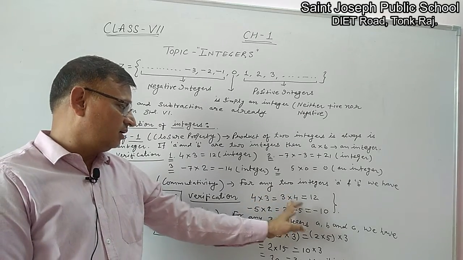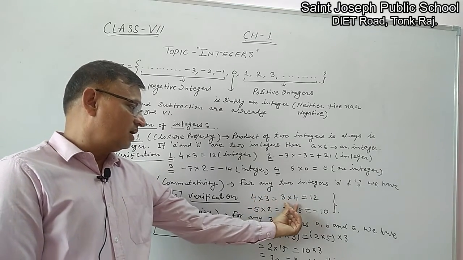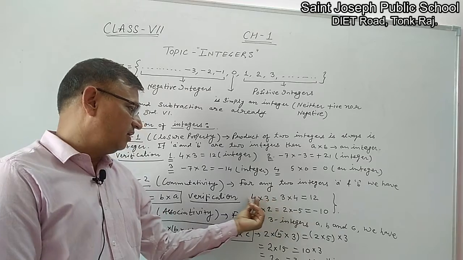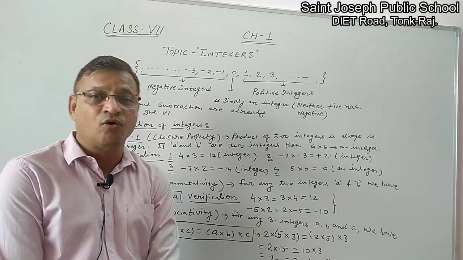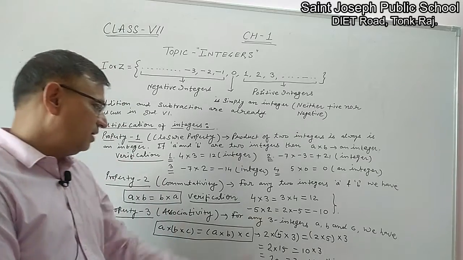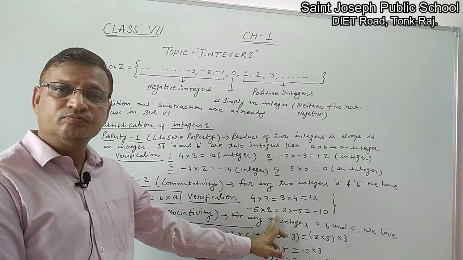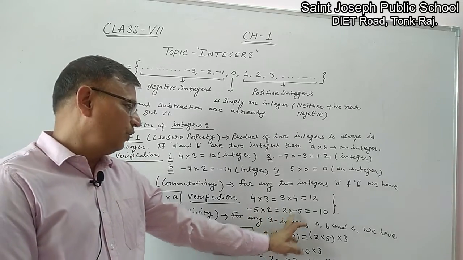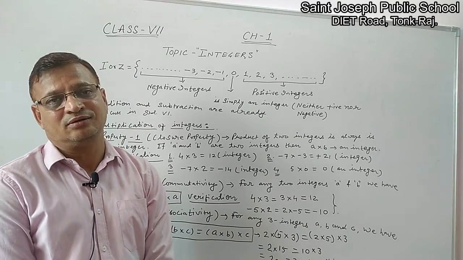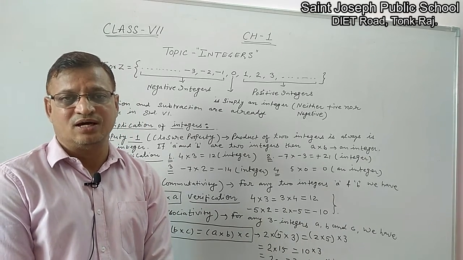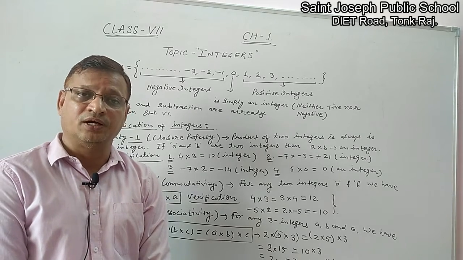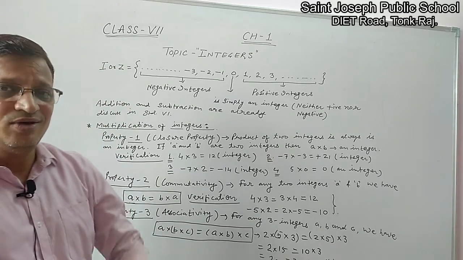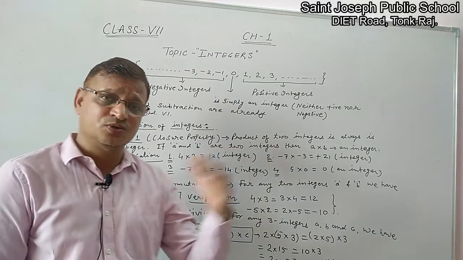If we change the order, first we take the number 4 and second we take the number 3, there will be no change in the product. Similarly, -5 into 2 is -10 and 2 into -5 is -10. There is no change in the answer. So this property is known as the commutative property. The commutative property is also used in addition.